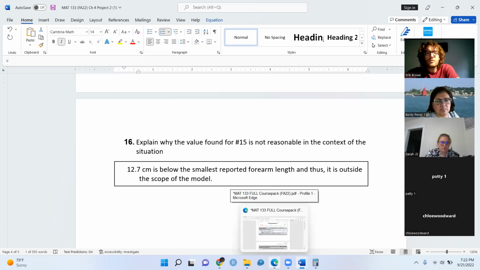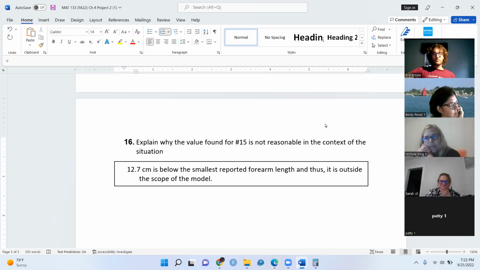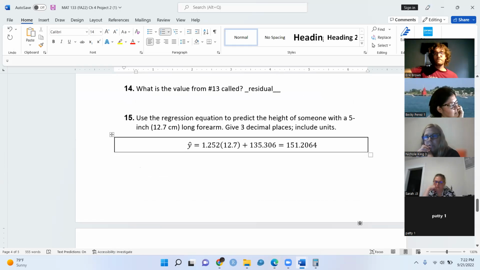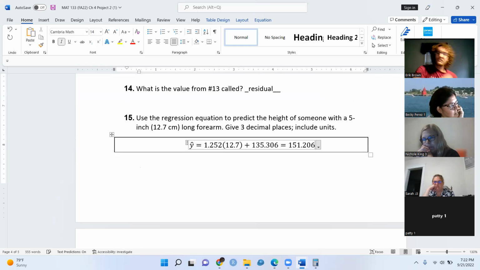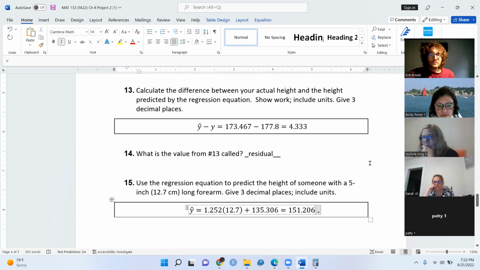Before I move on, is there anything anyone needs to see or any questions on this? Just on question 15. Should that be 206 because of the 3 decimals? Yes. Thank you. Can you go up a little bit so I can see number 13 again?